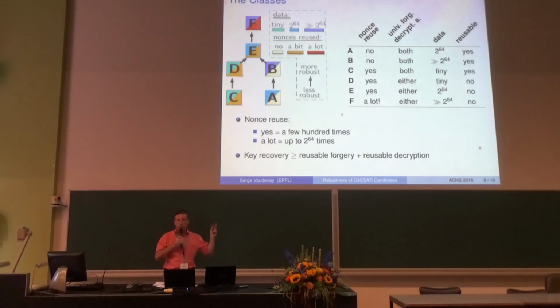In class D, we may have one or the other. Then in class E, we have algorithms for which we need nonce reuse and a lot of data to break, at the birthday bound of 2^64. In class F, we require more than a birthday bound amount of data, and we need a lot of nonce reuse.